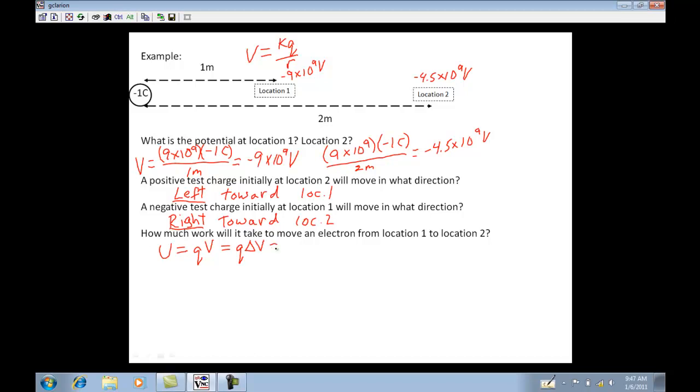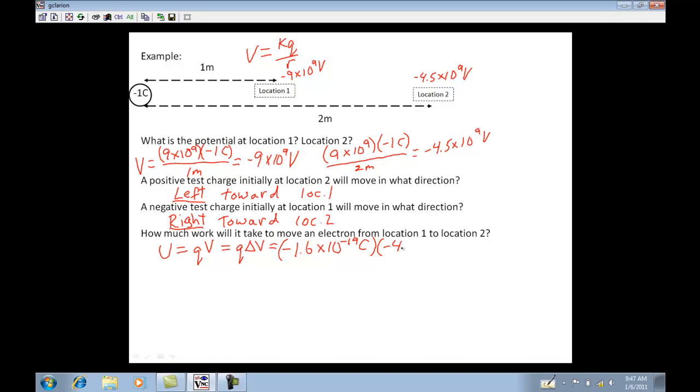All right, what is the charge of the electron? Negative 1.6 times 10 to the negative 19th, and what are the units? Coulombs. And I'm going to multiply that by the change in the potential. So the final potential will be at location 2, so that value is what?